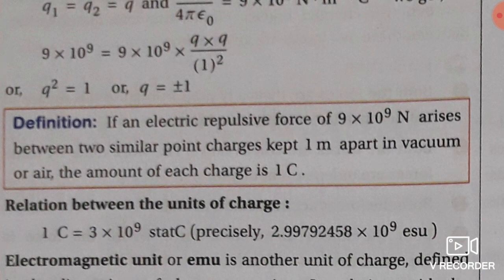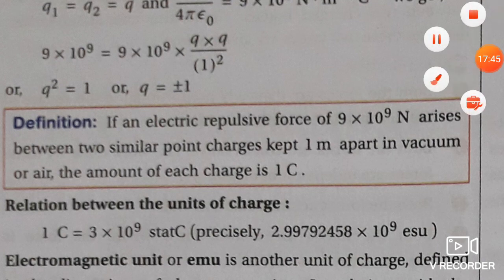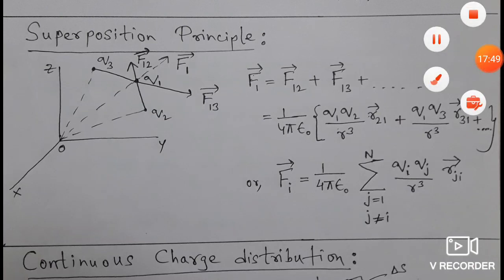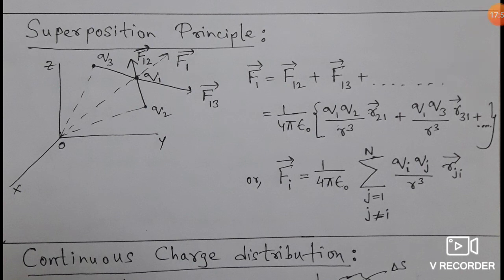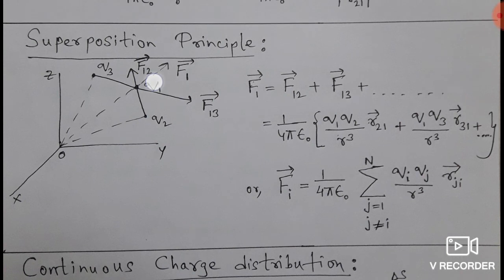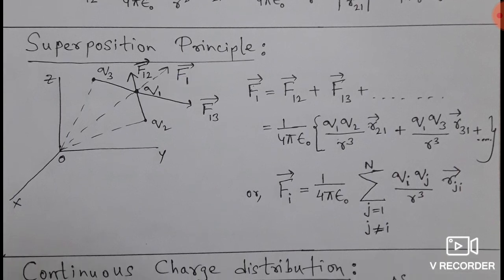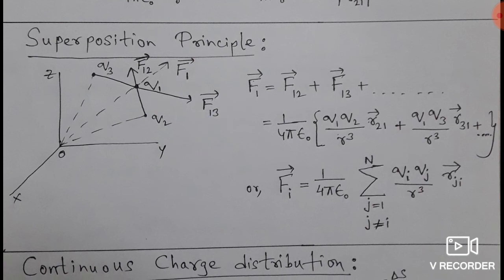This is very important. Now let us discuss point number 6, superposition principle. What is the superposition principle? The superposition principle states that if we place many charges close to each other, say here we consider 3 charges Q1, Q2 and Q3.